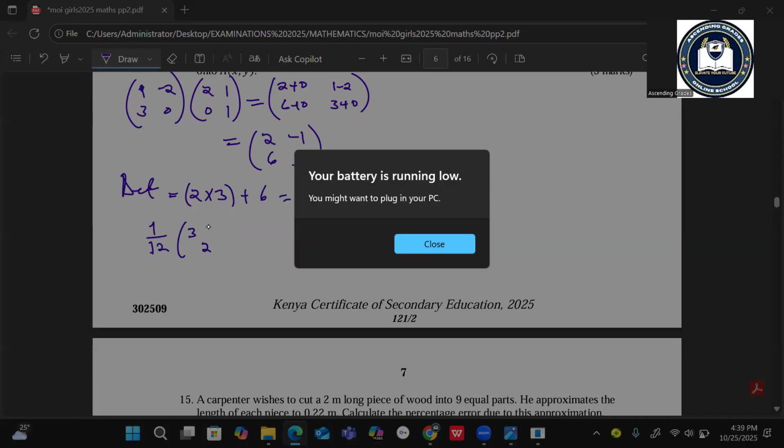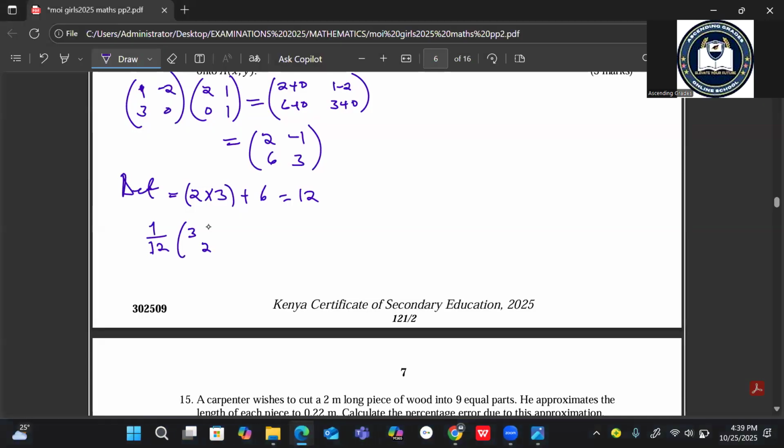So we interchange the positions and then the signs. So we shall have -6 and 1, changing the sign. So we multiply.